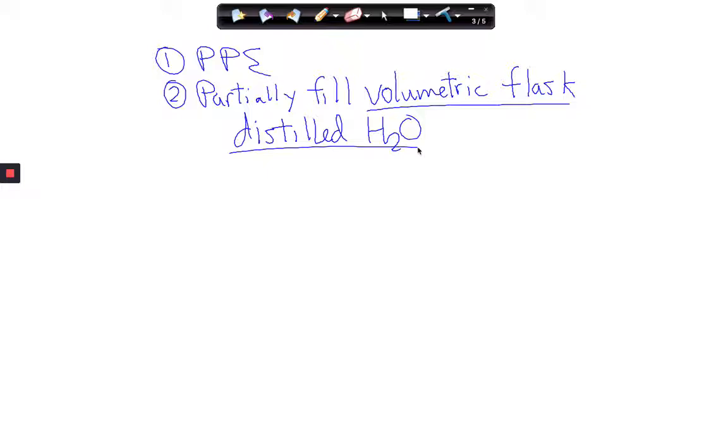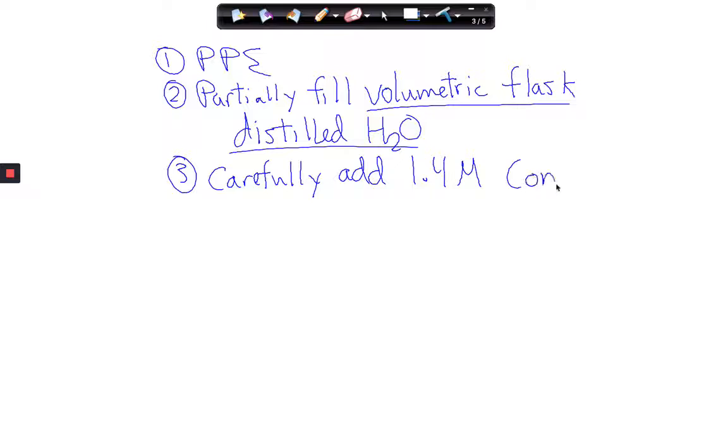Okay, now step 3. Carefully add 1.4 milliliters concentrated sulfuric acid, or you could actually identify it by its molarity. Either is fine.